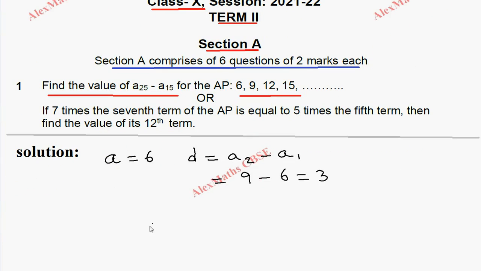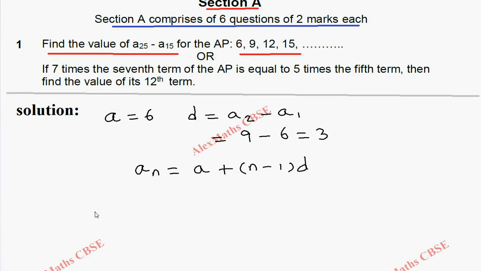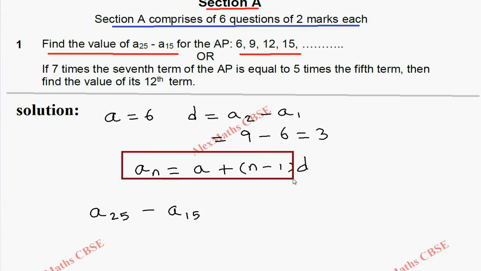Now we have a general formula for AN. AN is A plus n minus 1 into D. And we have to find A25 minus A15. So when we write A25 minus A15, we have to use this formula for each term.